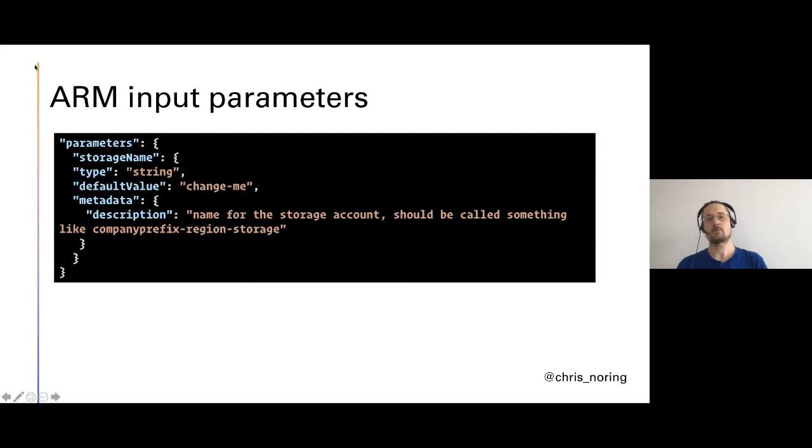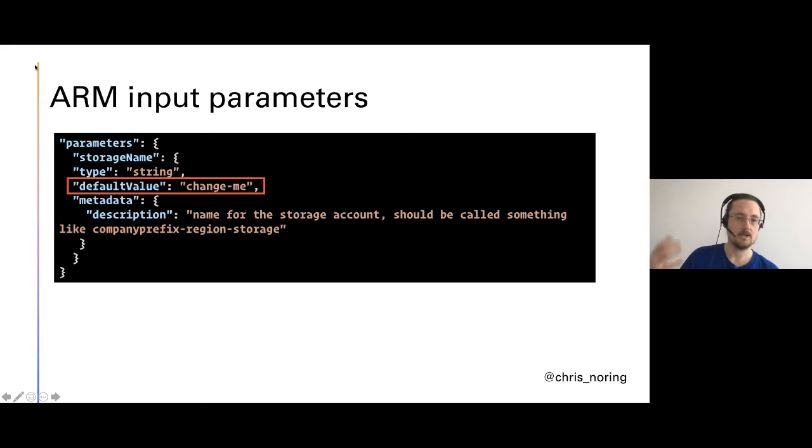Right, so input parameters. Those are a very important part of the ARM template. It enables you to be very, very flexible when it comes to templates. And all you need is a parameter section as part of your ARM template. Here you can see how I've given it the name storage name. I'm going to use this as a storage name inside of the template. By giving it a default value, this means I don't have to specify this parameter as part of my Azure CLI or PowerShell script when I run this, but it will assume this value instead.